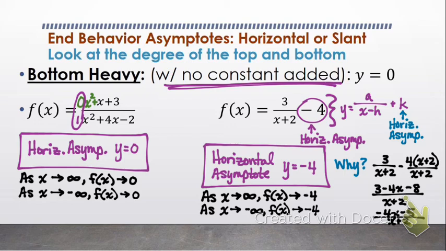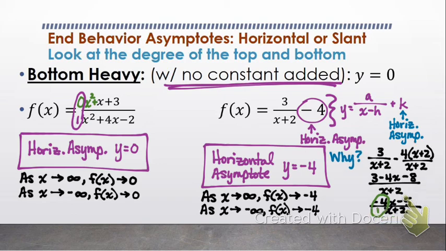And then when I look at the ratio of the numerator to denominator, because notice I have the same degree now, I would have negative 4 divided by 1. So it's following the same rules as before. I don't actually truly have a bottom-heavy equation here.